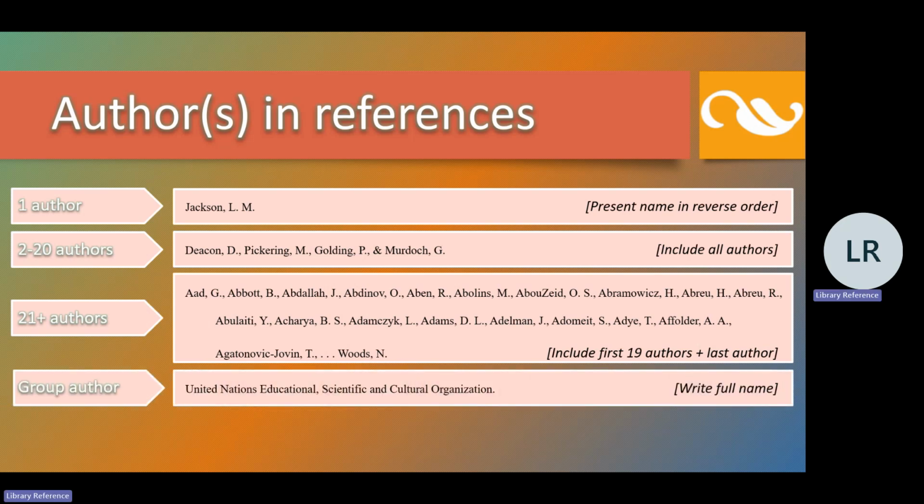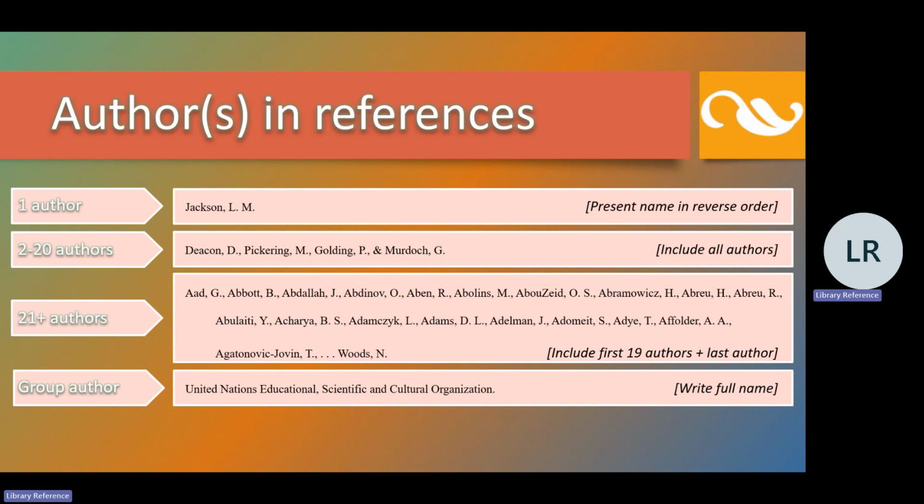In the case of a group author, and when I say a group author, I mean an organization, a company, an institution, in that case, we need to present the name of the group in full. So even if a group author is famous by its abbreviation, like for instance UNESCO, we will not include the abbreviation in the list of references.